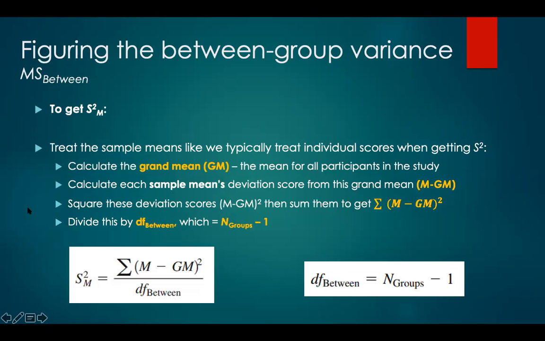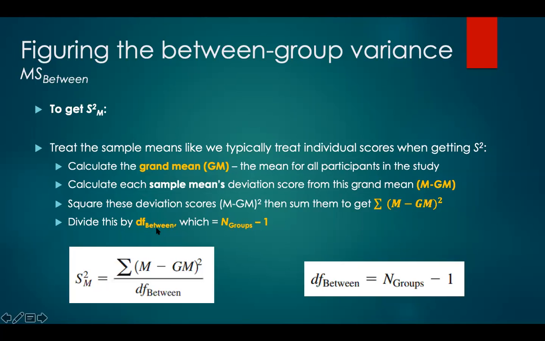Now to get S squared of M, we have to treat the sample means like we typically treat individual scores when getting S squared. So we calculate the grand mean, or the mean for all participants in the study, calculate each sample mean's deviation score from this grand mean, so each sample mean minus the grand mean, square these deviation scores, and then sum them to get a sum of squares.